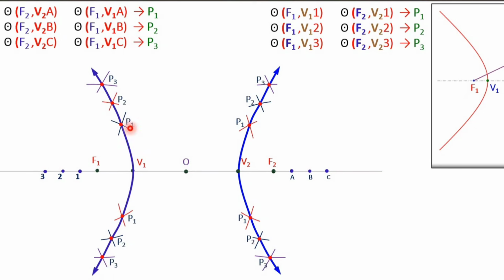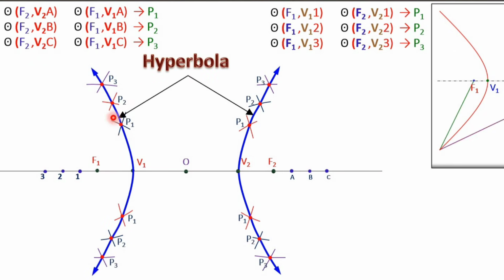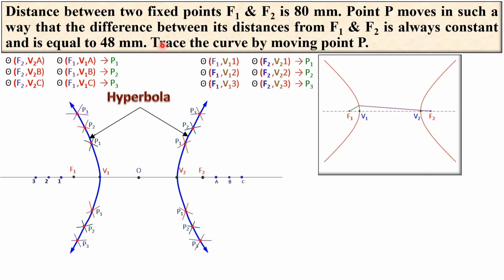So this is the curve traced out by the moving point P. But you know that it is actually a hyperbola, so note it down at last. This is the hyperbola. Keep in mind that in the examination, only this hyperbola should be dark and the rest of the part should be as light as possible, because in our description, the objective is only to trace the curve by the moving point P.